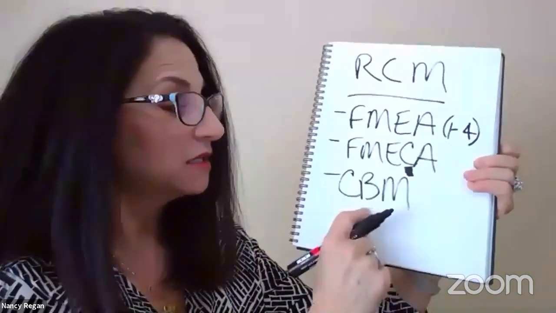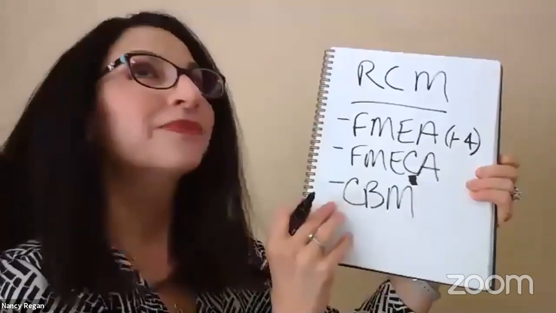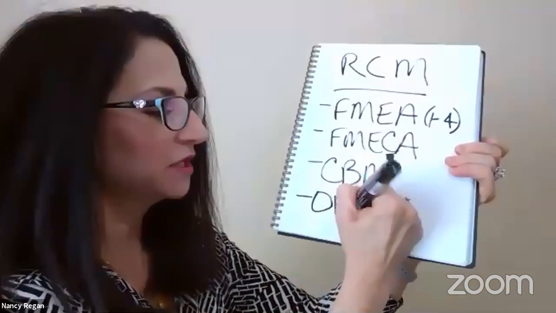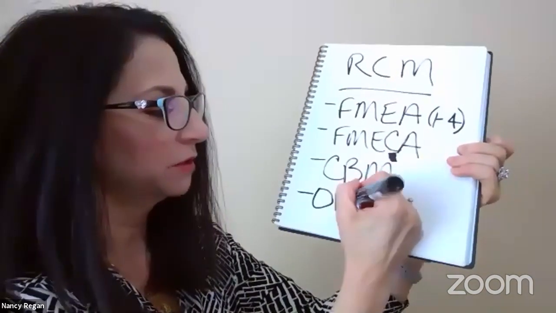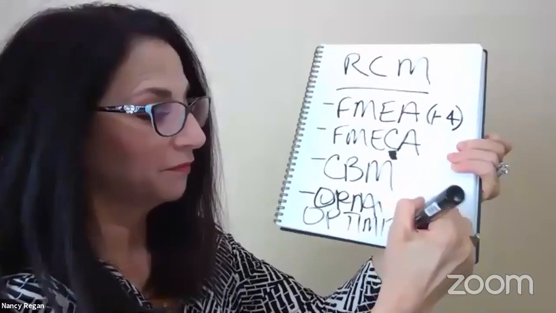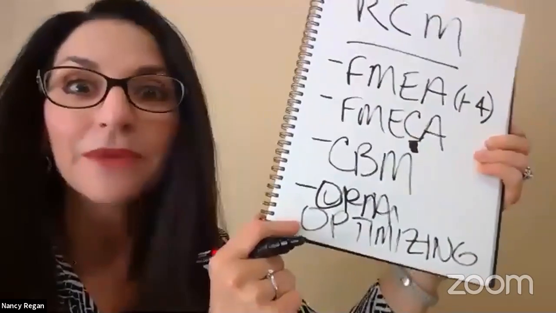That is included in step 6, condition-based maintenance. It also includes, we hear this today all the time, oh brother, optimizing maintenance. Optimizing maintenance, I'm going to get to that in a minute. When you do RCM, you also optimize your maintenance.